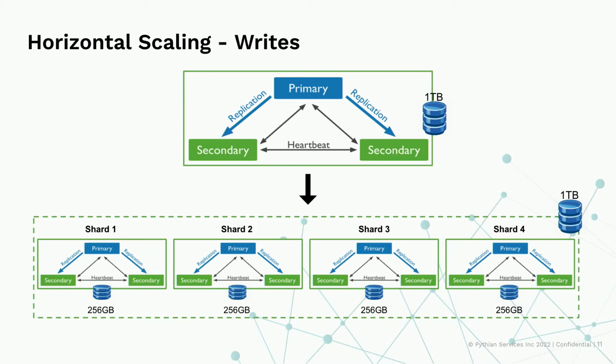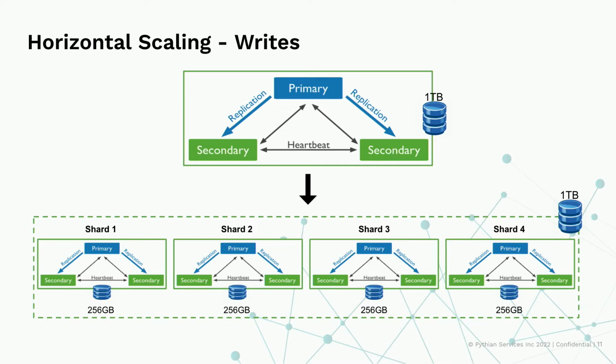But the real scaling, the horizontal scaling, is when you split your database across multiple shards. And so you don't hit a single primary with your application, but instead you will have the data partitioned across multiple shards.